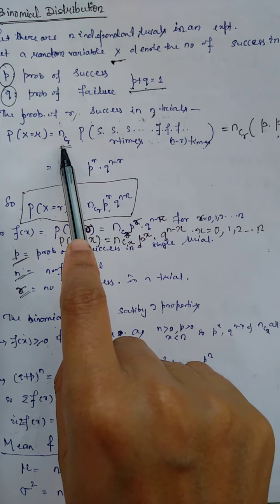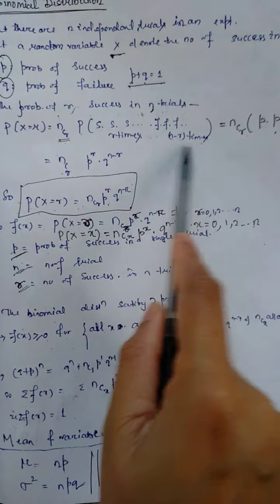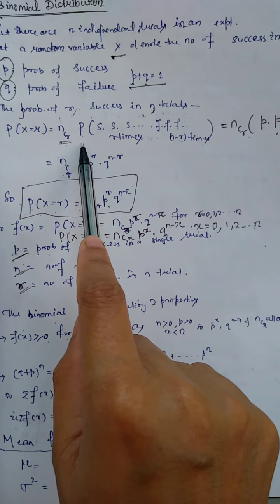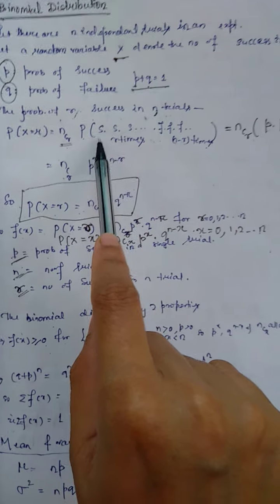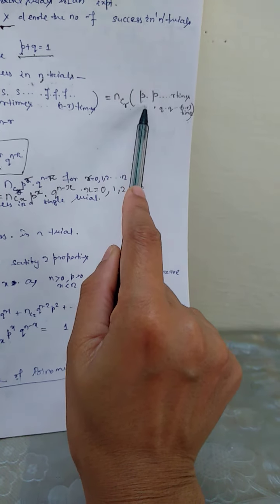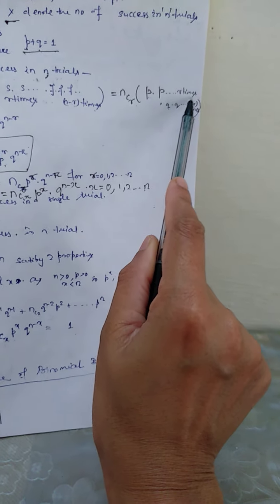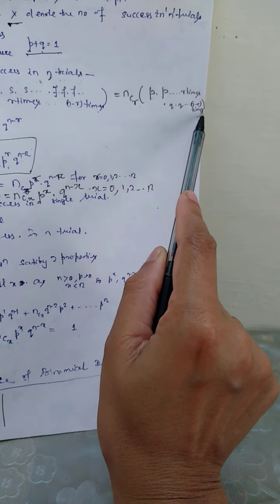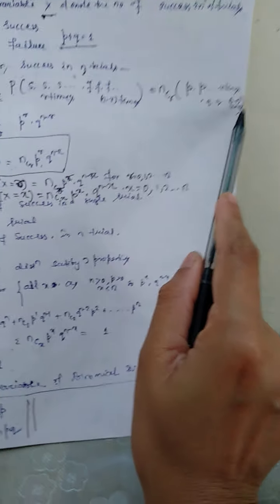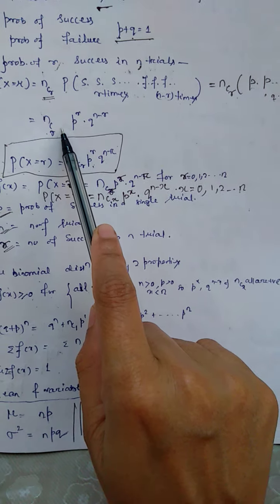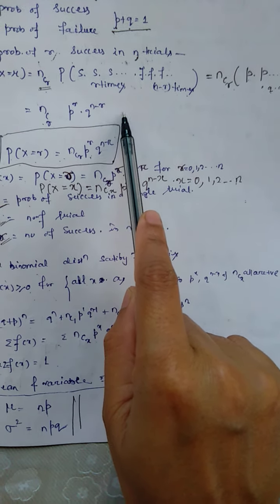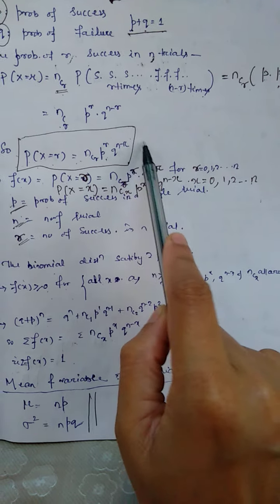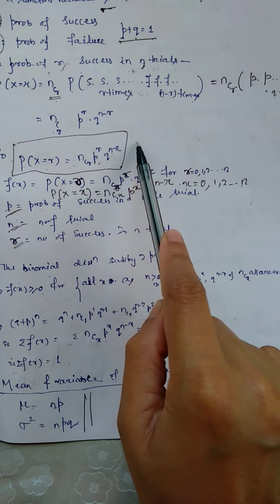It can be rearranged among themselves in nCr ways. So nCr into p up to r times, and q into q into n minus r times, which will give you nCr p to the power r, q to the power n minus r. This is called your binomial distribution.